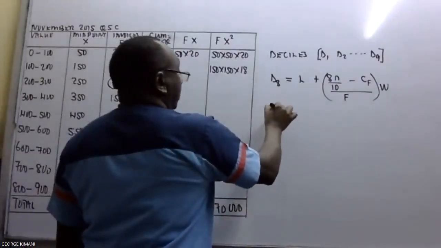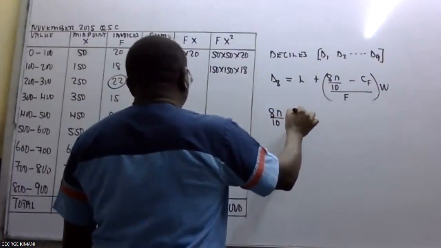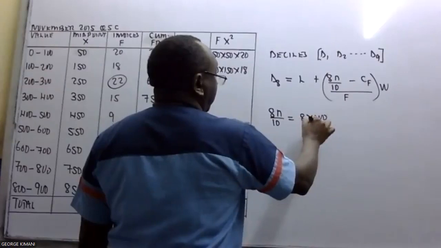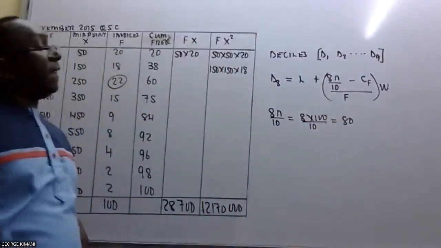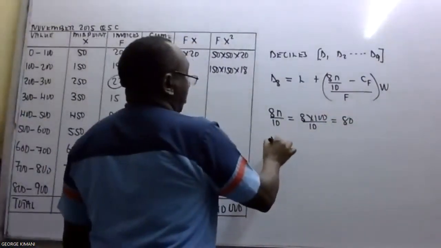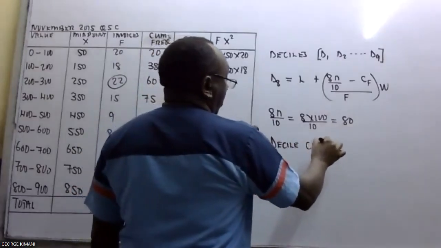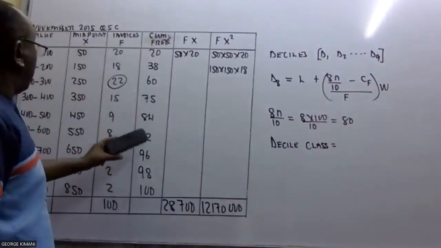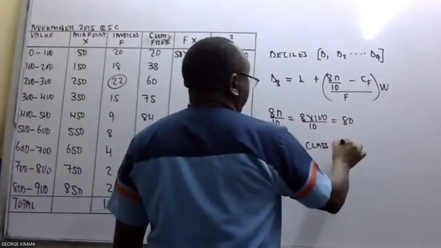So we begin by saying 8N out of 10. This is 8 times 100 divided by 10. That gives us 80. And that helps us to know that our decile class 8 is the 400 to 500.